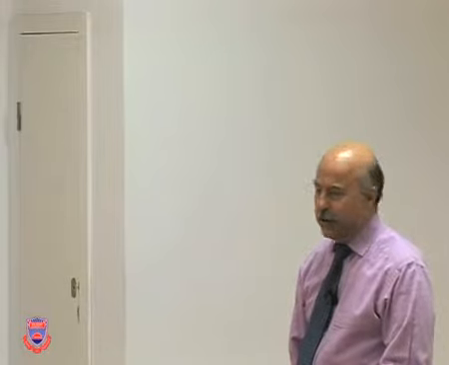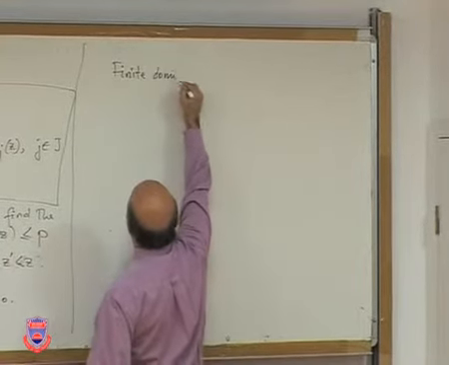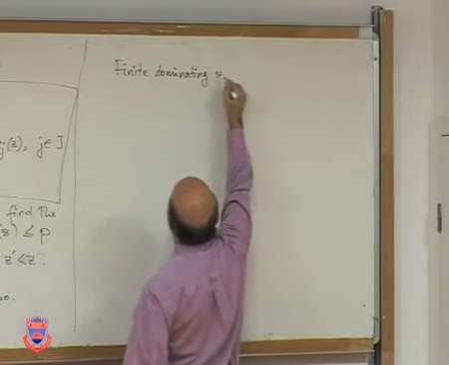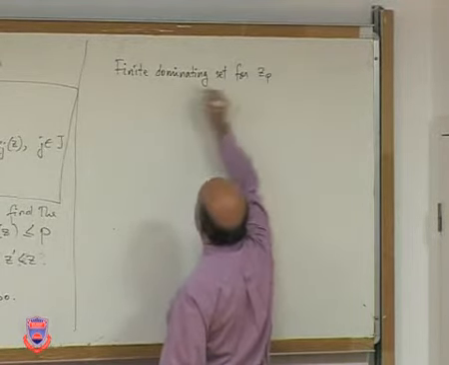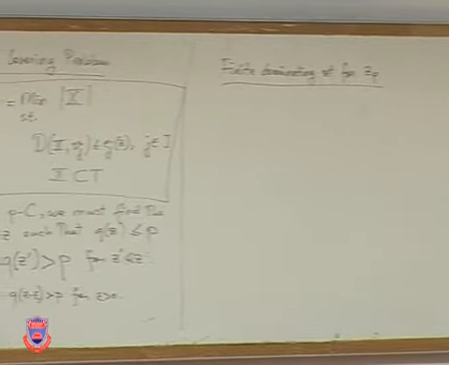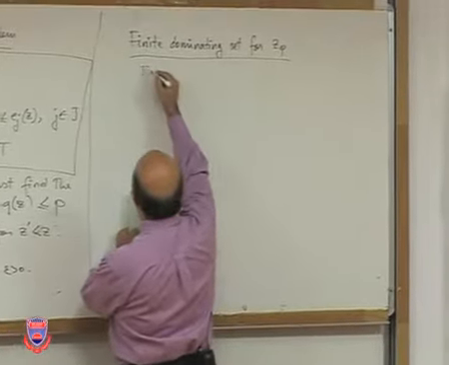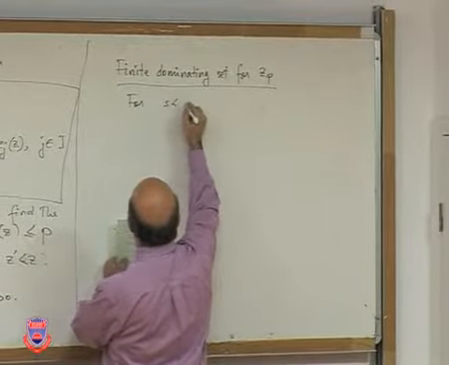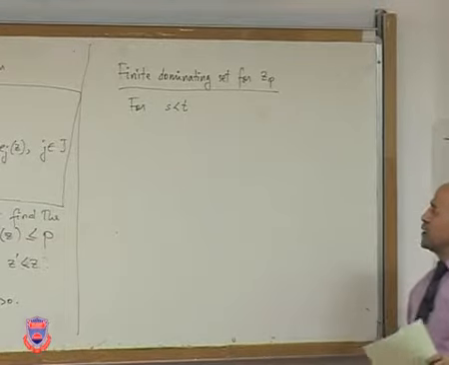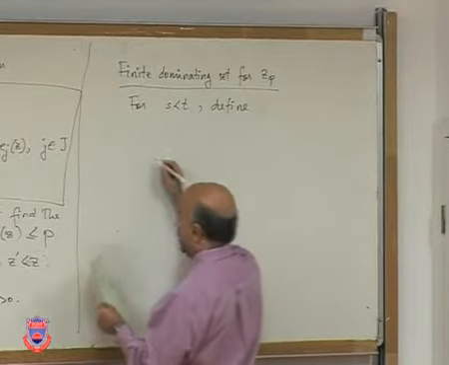So what set is that? For any pair of indices s and t, s less than t, let's define the following number.